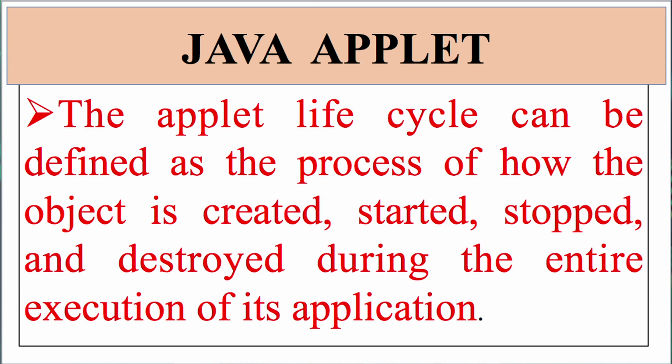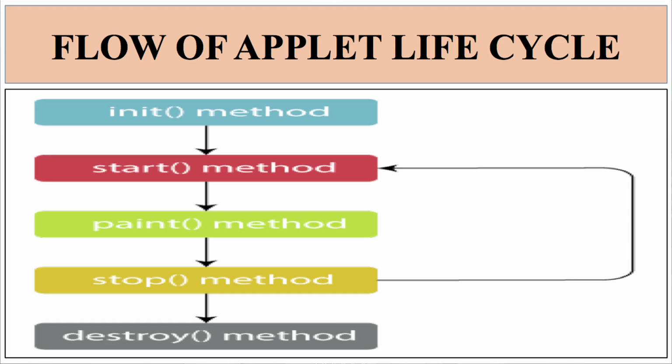The applet life cycle can be defined as the process of how the applet is created, started, stopped and destroyed during the entire execution of its application. By using all these processes, it is called the applet life cycle. Again, you can see in this flow chart, the init method is the initial method.